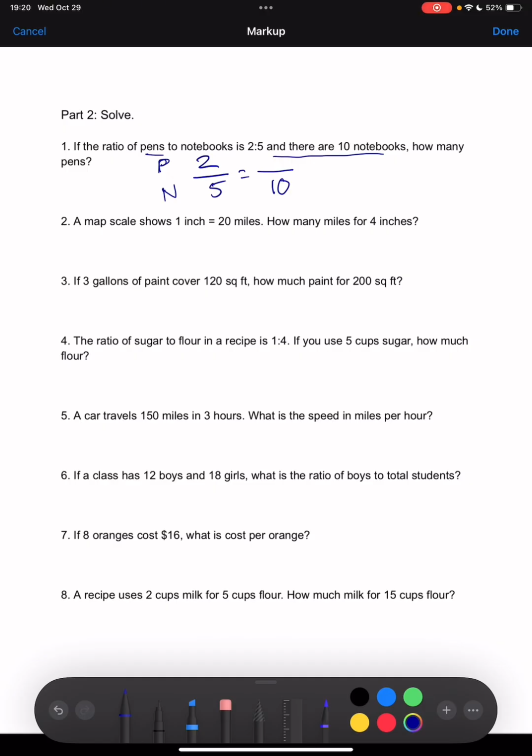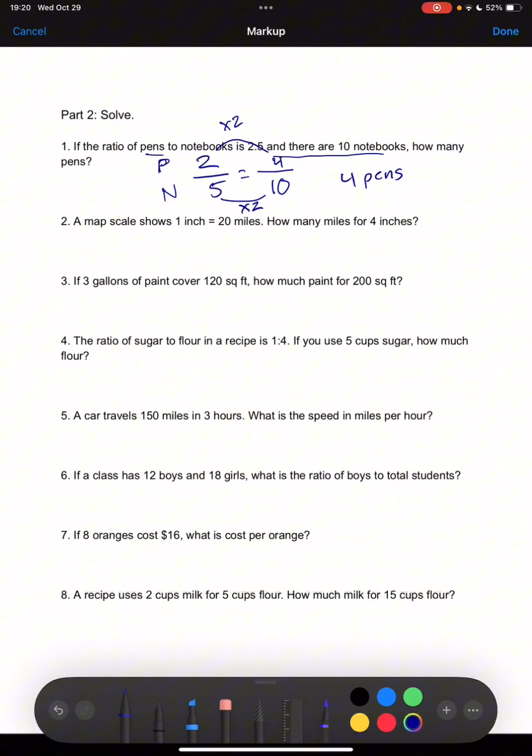So what number can you multiply to get to 10? So we obviously know 5 times 2 is 10. And we're just going to do the same thing to the numerator. Times 2, 4. So there are 4 pens.